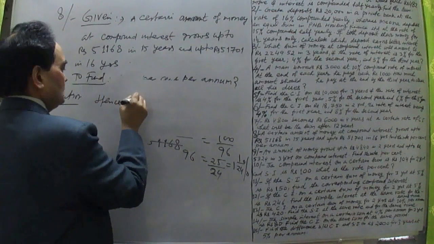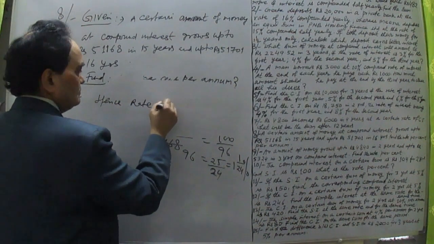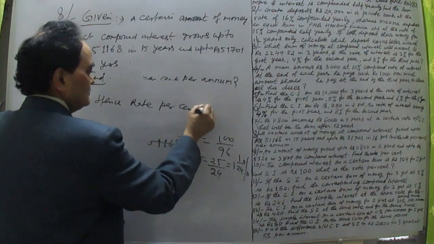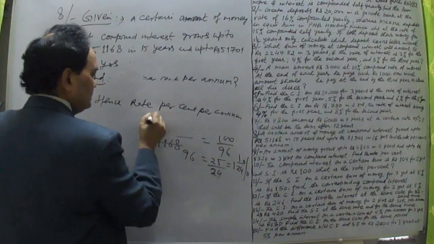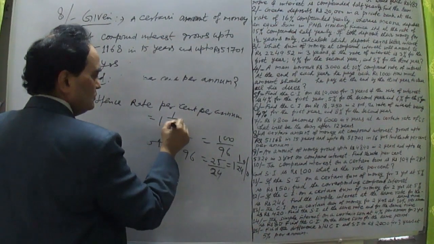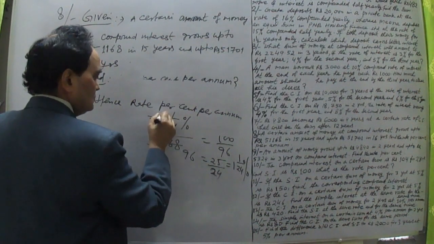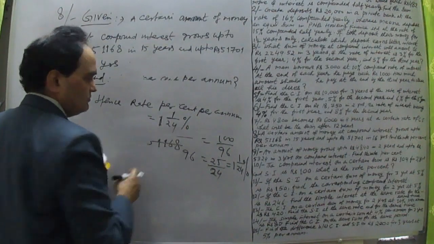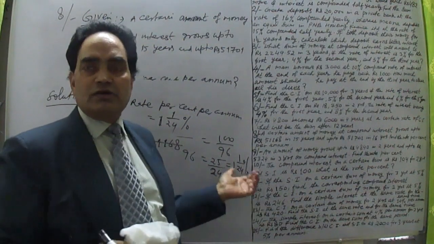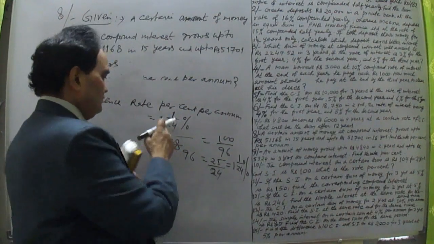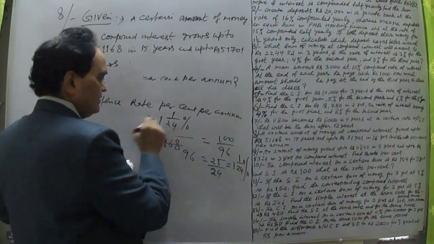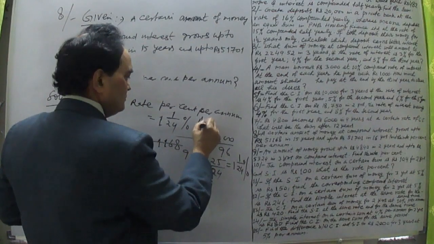Hence the rate percent per annum is equal to 1 and 1/24 percent, or 25 upon 24 percent. We can write that. That is the final value. So this is the answer here.